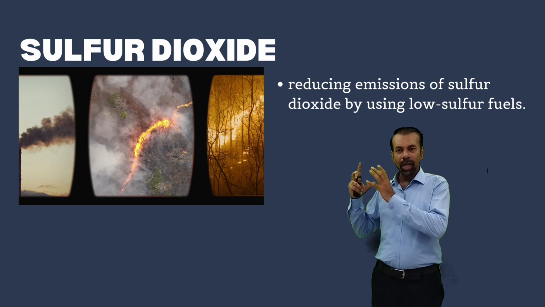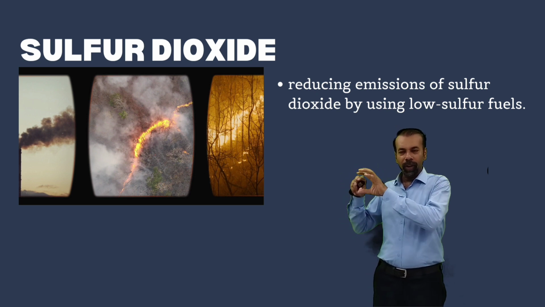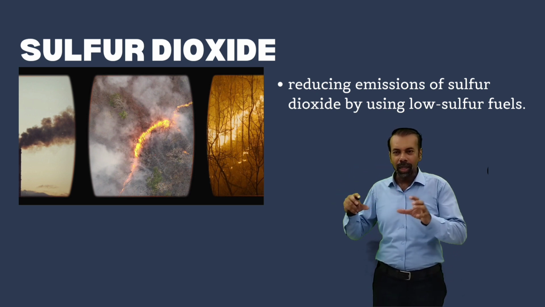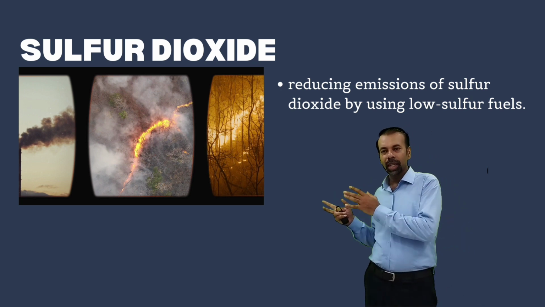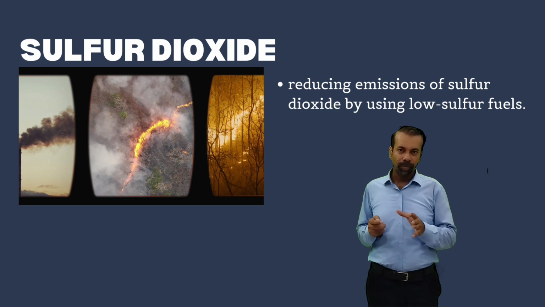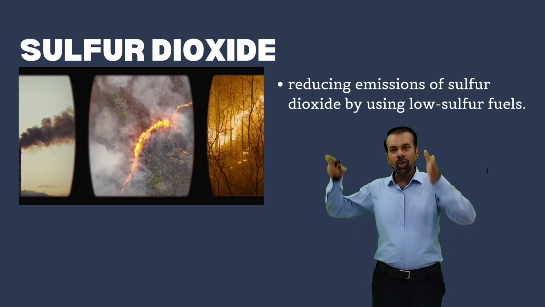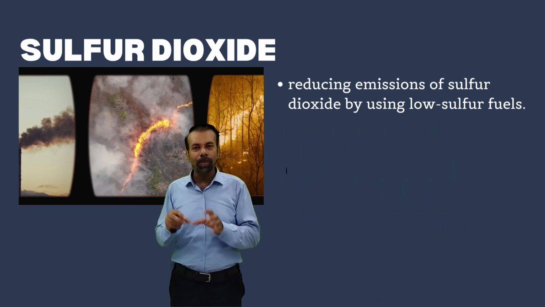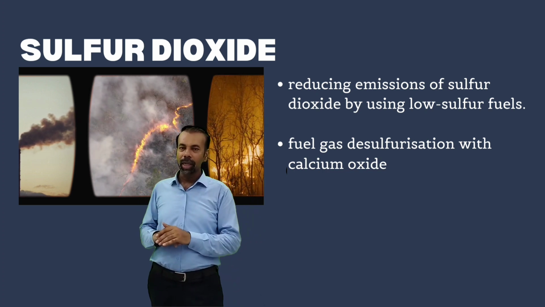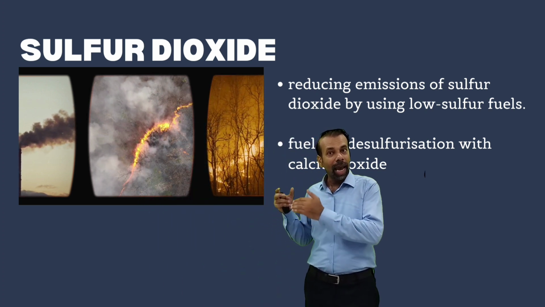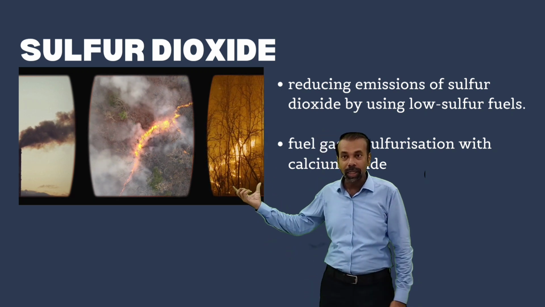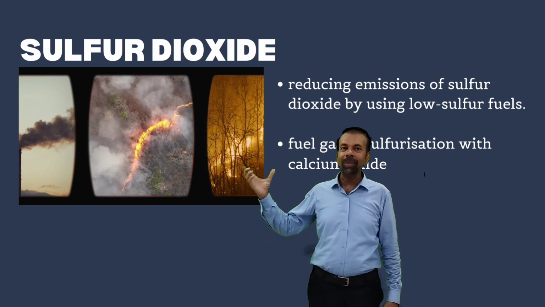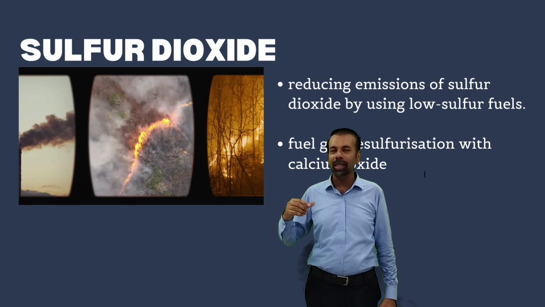Factories fit different chemicals to desulfurize their flue gases. Like the chimneys of factories are equipped with calcium carbonate. When heated, calcium carbonate decomposes and forms calcium oxide. Calcium oxide is obviously a basic oxide.